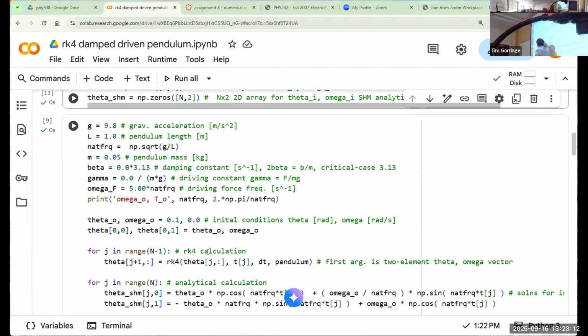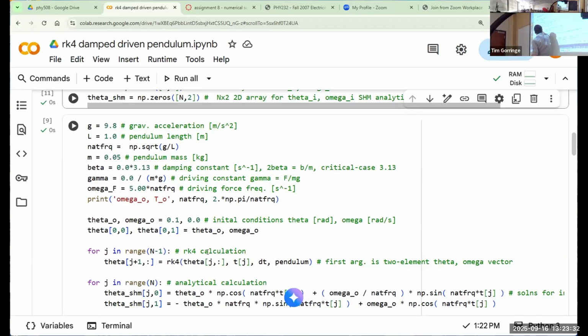Then to introduce the damping and the driving forces, I need to introduce the damping constant and the driving constant. Because they compare to the gravitational forces, I also need to know the mass of the pendulum.